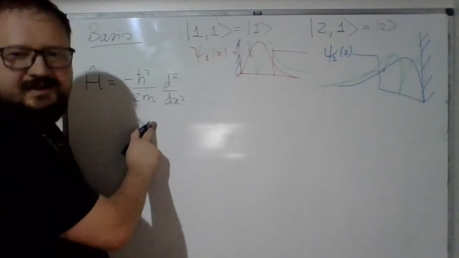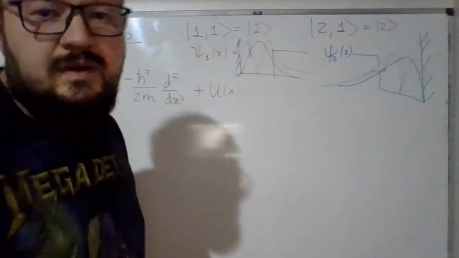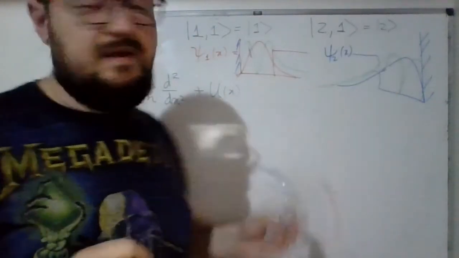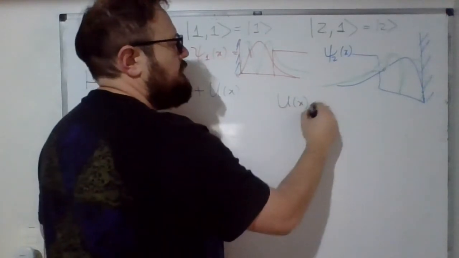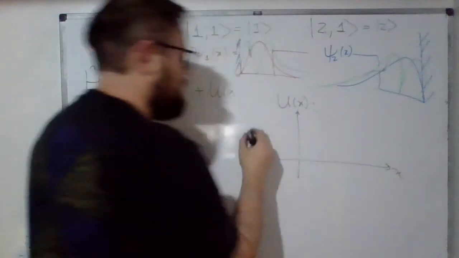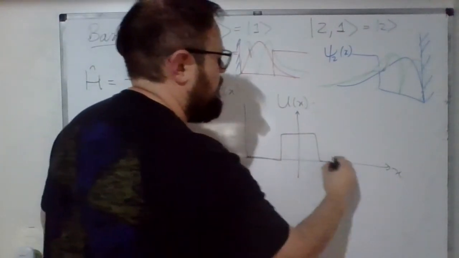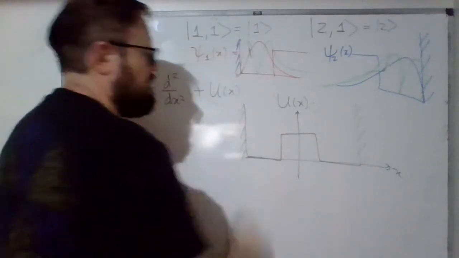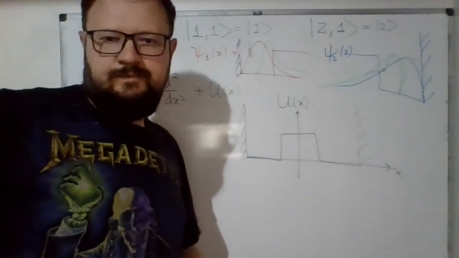You have the kinetic term plus the potential, which is now the superposition of both potentials here, which will correspond to the following problem. Right? This is a double well.